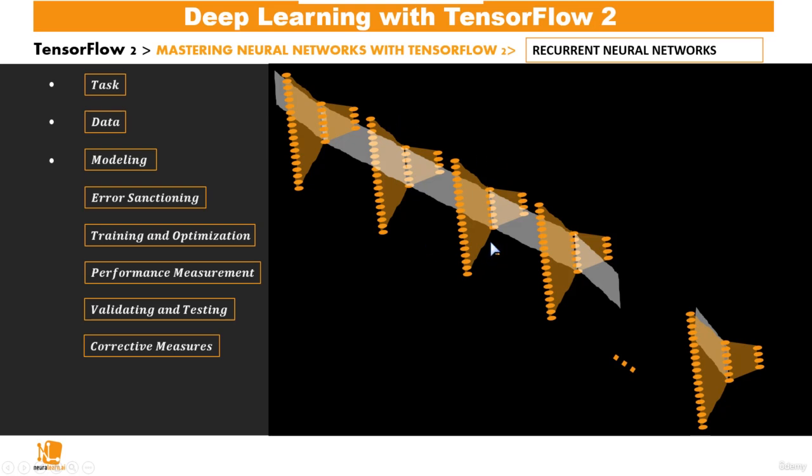So we see that with recurrent neural networks, solving problems in which our input data is in the form of a sequence or is distributed over time becomes very easy.